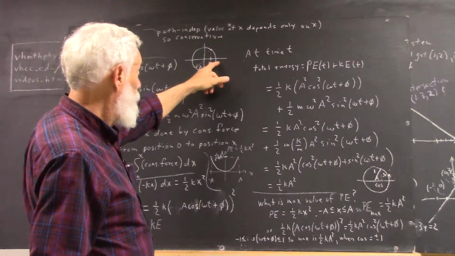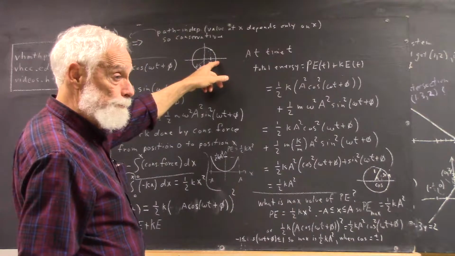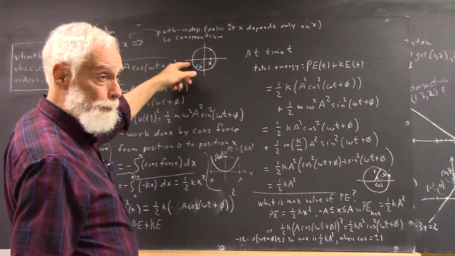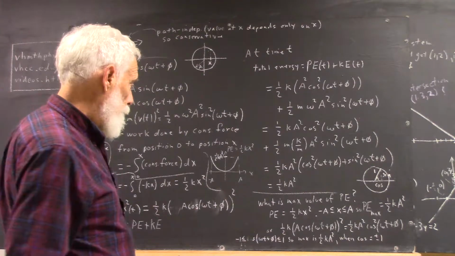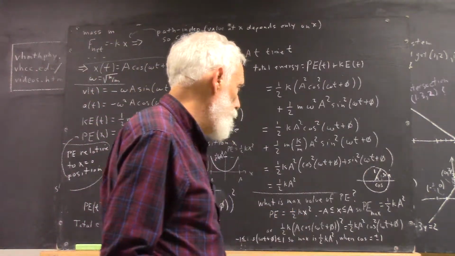So the maximum value of x is A, and it also has a minimum value of negative A. Okay, so the potential energy is 1/2 kx squared.